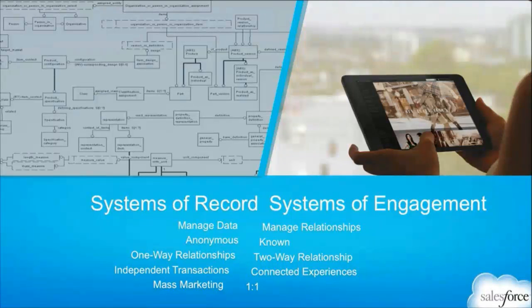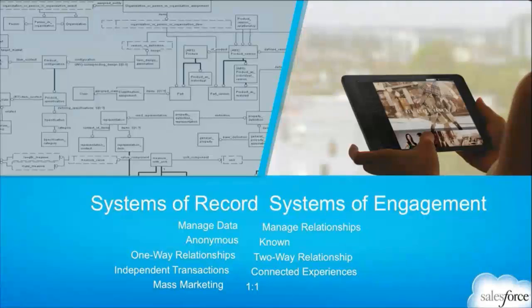And that's a shift from systems of record, where you're managing data and anonymous information that helps you maintain one-way relationships to talk directly to people, and independent transactions, into a world we call systems of engagement. So transforming technology where it's people-centric, it's sharing-centric, it's social. It allows you to manage these relationships and have a conversation with your customers to give them that one-to-one experience, to bring them these connected experiences.